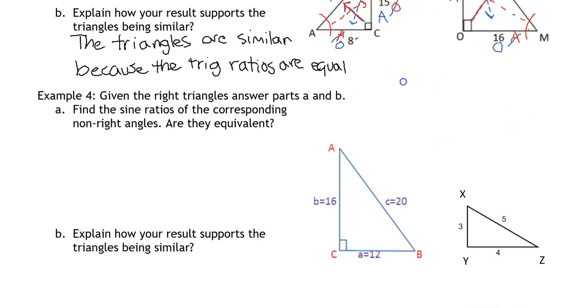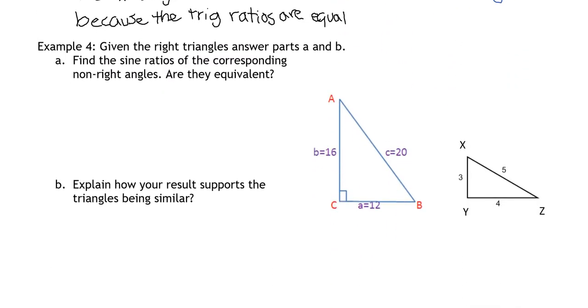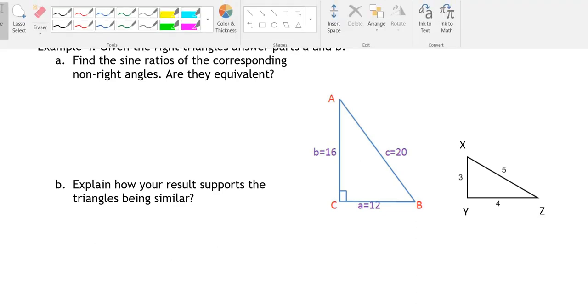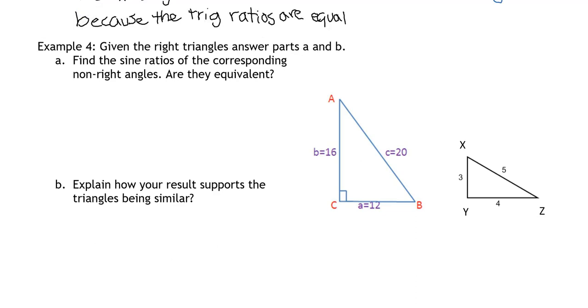All right, let's look at example 4. This is more like what you would see on the test. It doesn't give you as much information, right? So find the sine ratios of the corresponding non-right angles. Are they equivalent? So it doesn't tell you exactly what angle you're finding the sine ratio of, but it's the non-right angle. So I have to find both A and then B. Okay, so for this question, you have to do 2.